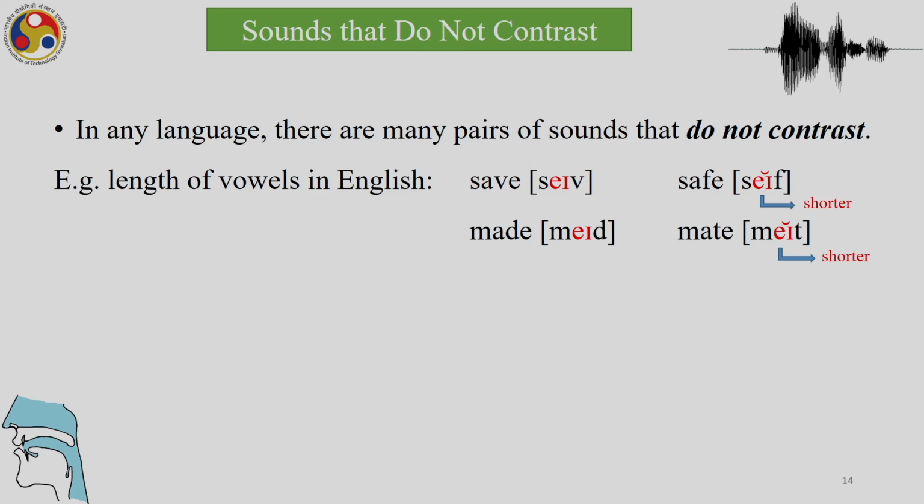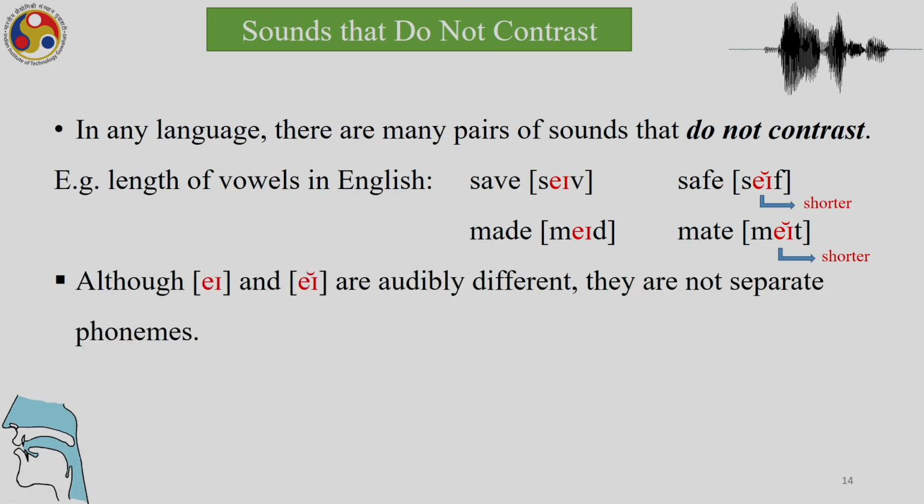The one followed by the voiced consonant, v, will lengthen the previous vowel. So save is longer than safe. Similarly with made versus mate, we will hear that the A is longer in made than in mate. Although the two A's are audibly different, they are not separate phonemes.